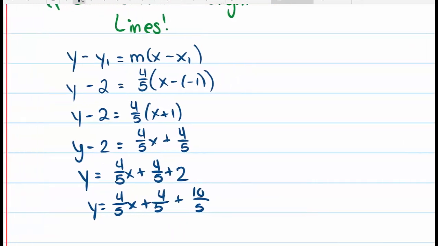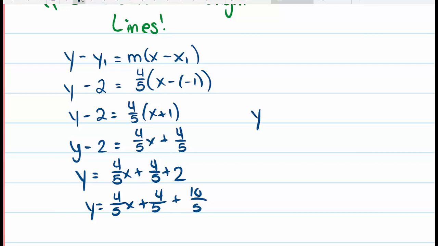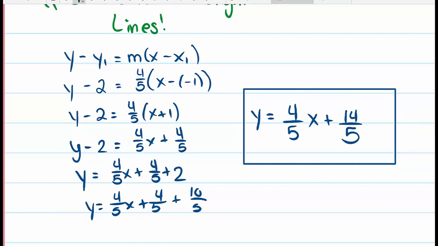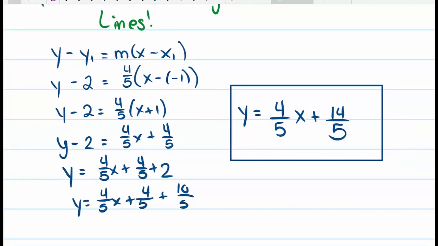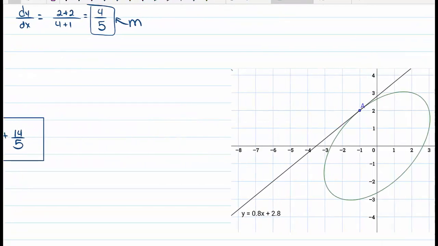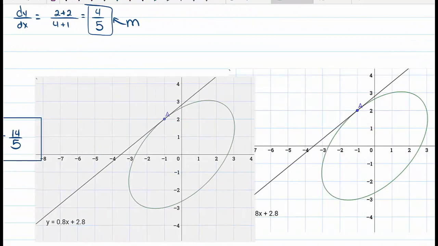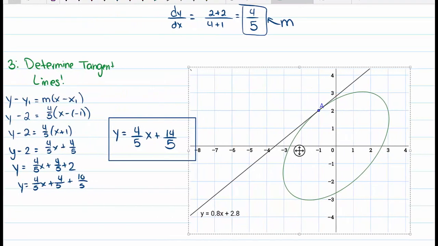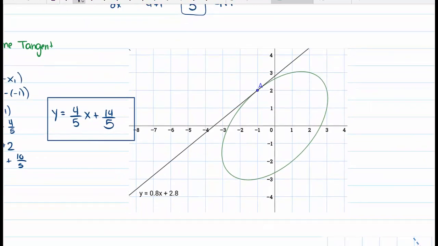And so we get our tangent line is y equals 4/5 x plus 14/5. Okay, and that's the equation of our tangent line, easy as that. And if I look at the graph, we can see this represents that decimal. And right here, this is the tangent line.